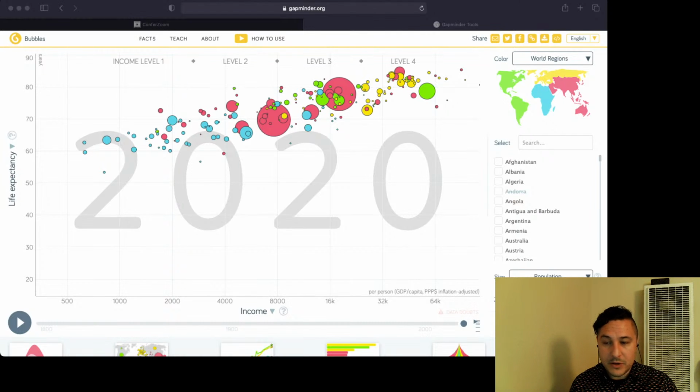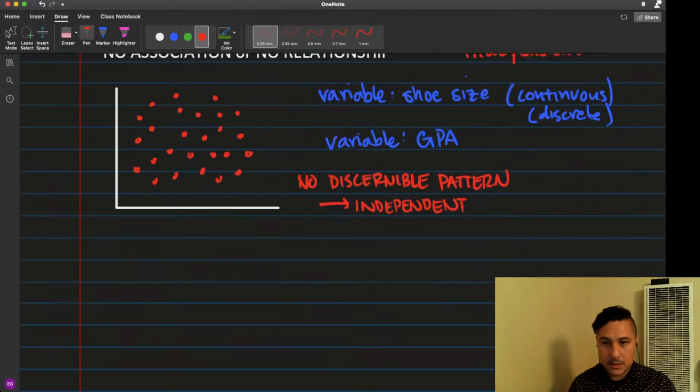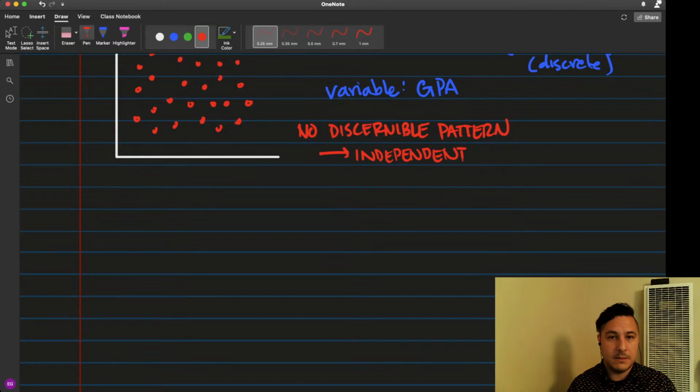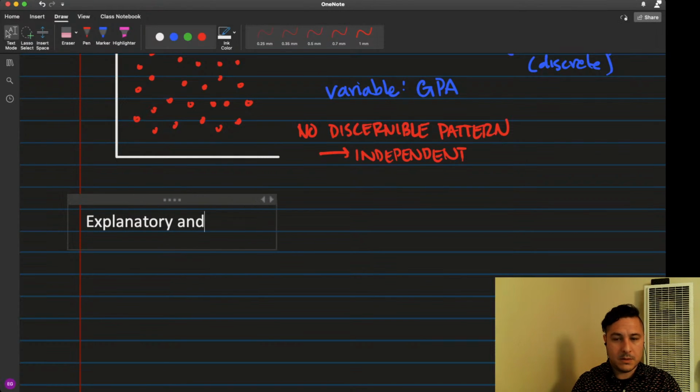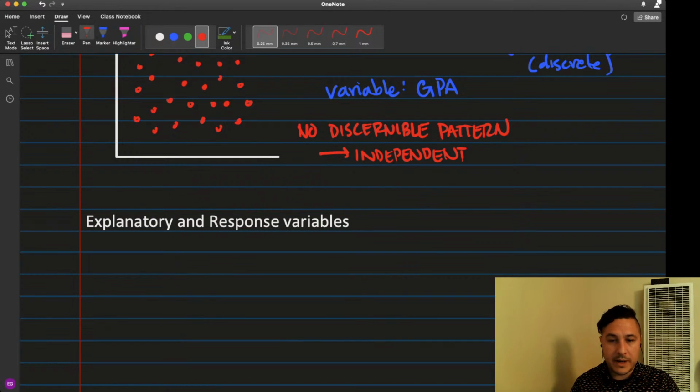Okay, so a question arises. I'm going to switch back over to writing. Let me change my window capture. Let me type in. So we have 2 variables.